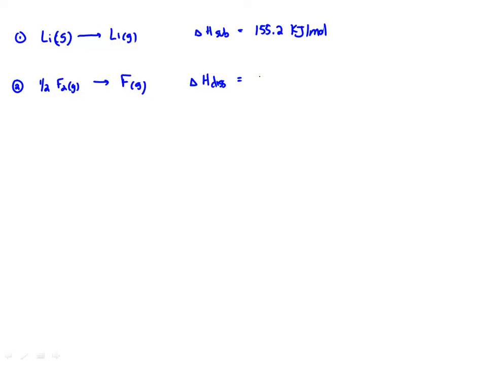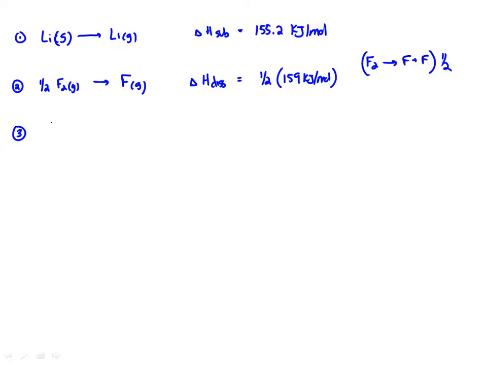That is 1/2 of the bond energy, 159 kilojoules per mole. So notice that we only take half the bond energy because bond energies are normally defined as F2 going to F plus F, but I really only want half that.